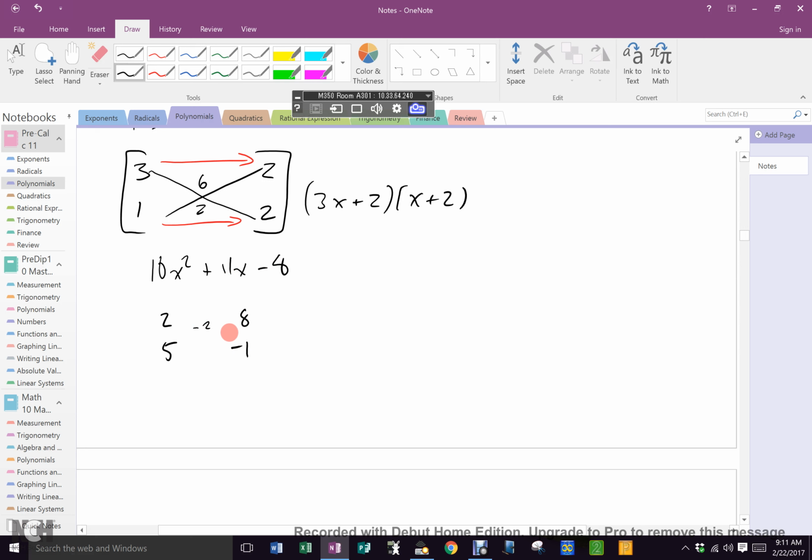So I can't have 5 with 8, yeah? So I change this to 1 and 8. Now 2 times 8 gets me positive 16, and 5 times 1 gets me 5. Oh, that'll get me 11. So here's where the negative has to be, right? And then I get 2x minus 1 and 5x plus 8.